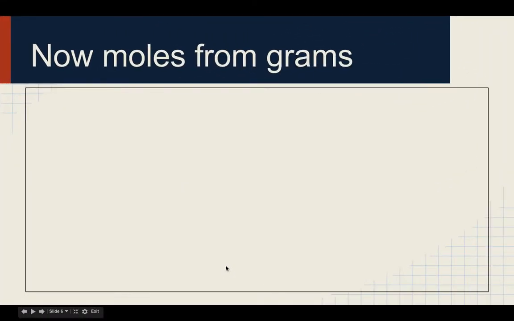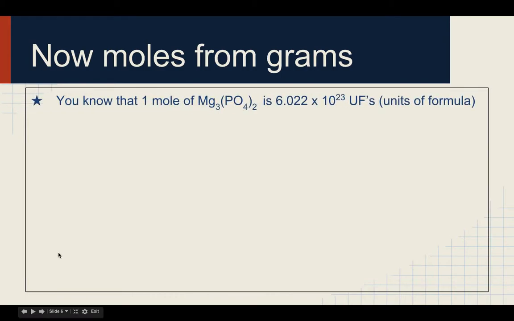So now moles from representative particles, I forgot to change that. So you know that 1 mole of magnesium phosphate is 6.022 times 10 to the 23rd units of formula. So that's what I'm going to need to change.